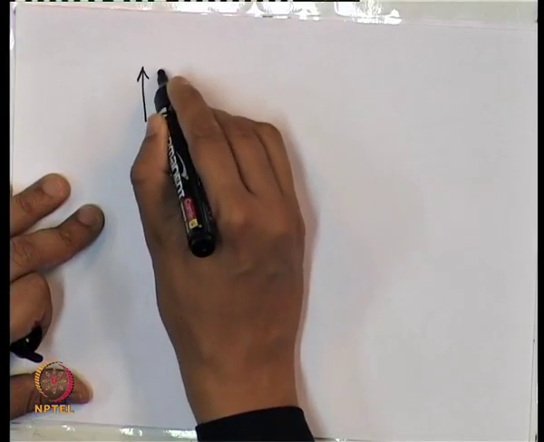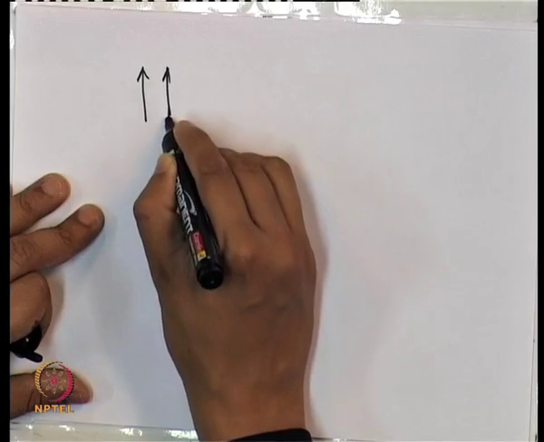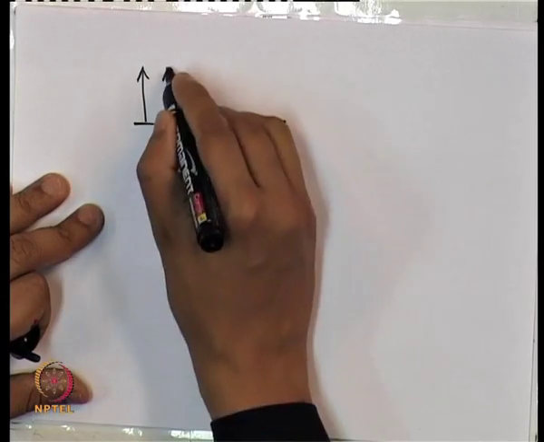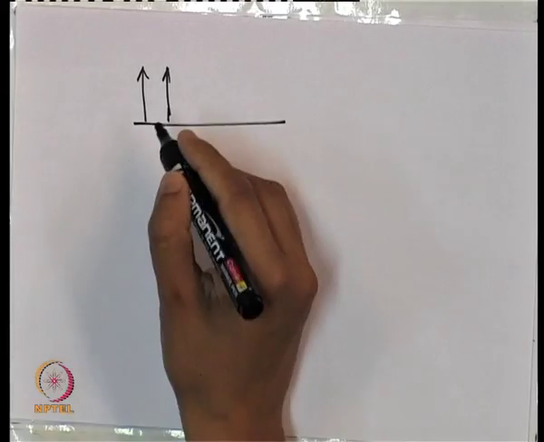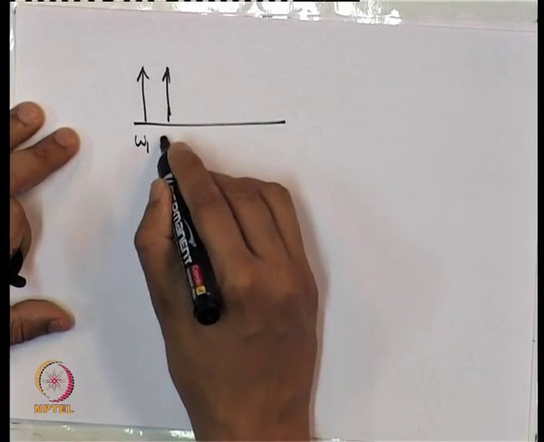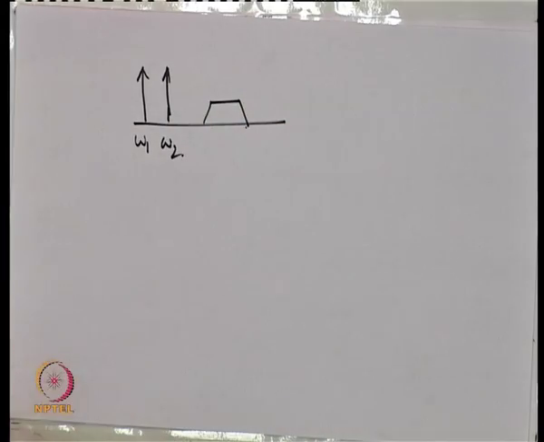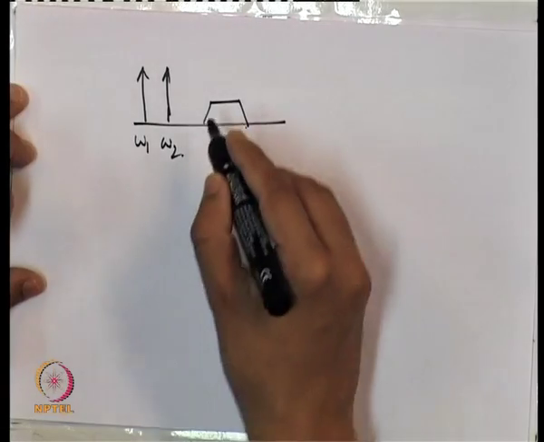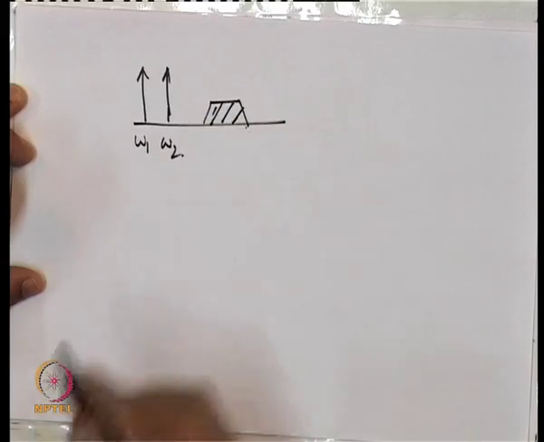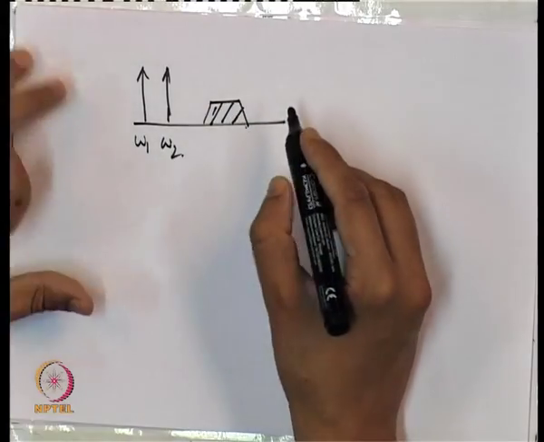Suppose originally we had our two tones, and suppose these are two interferers at omega 1 and omega 2, and say this is our desired channel of frequencies that we want to amplify.